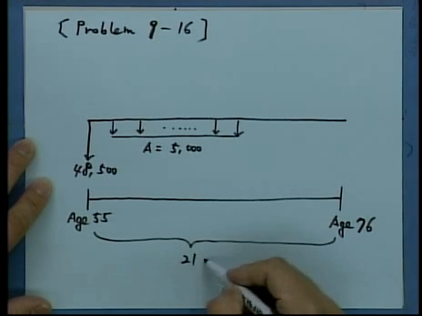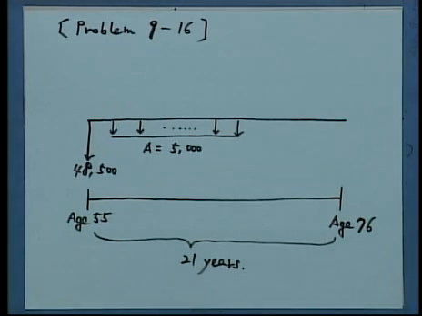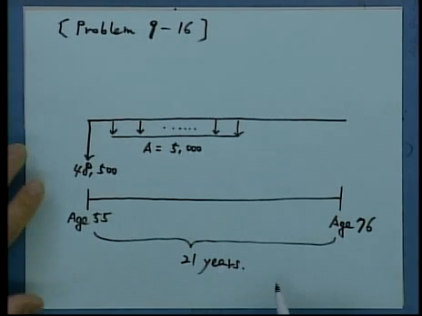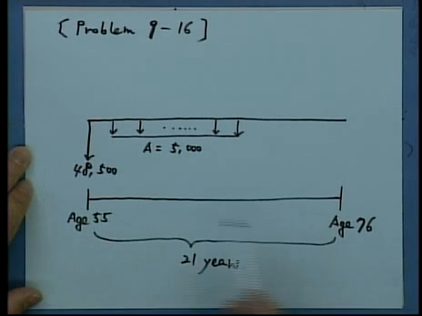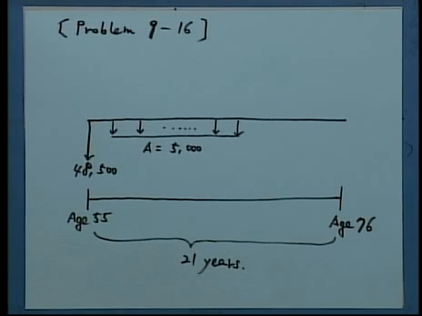It's 21 years. 76 minus 55 is 21. So there are 21 years between these two ages, and he will retire when he can obtain an annual income from his retirement fund of $20,000.